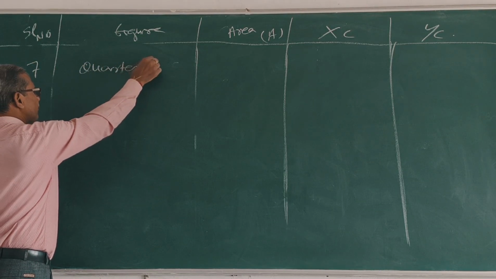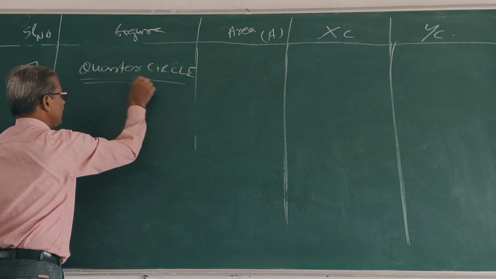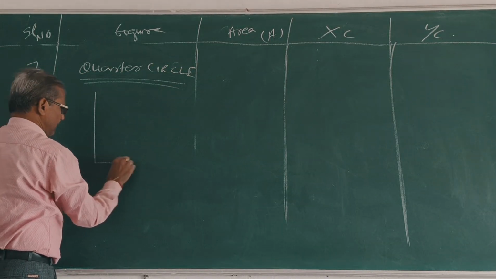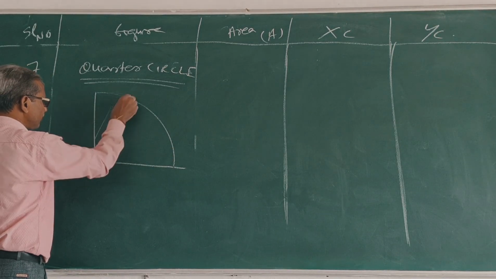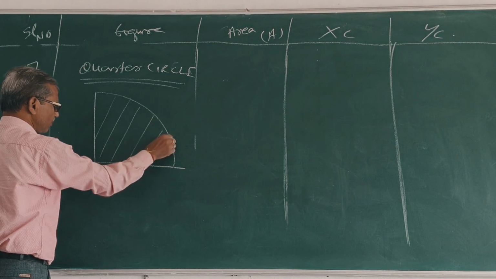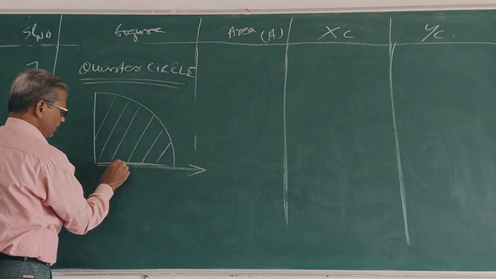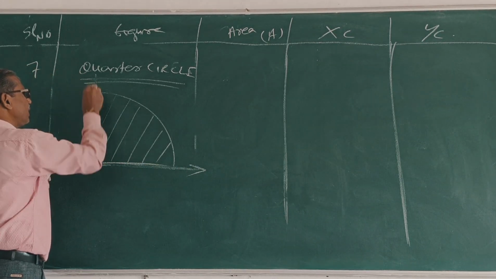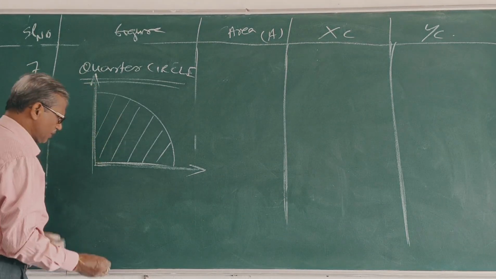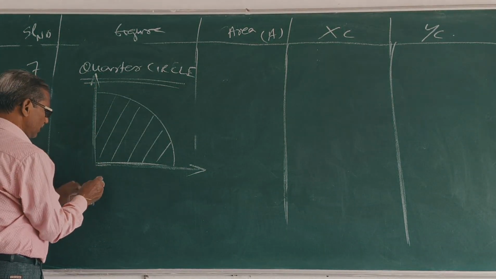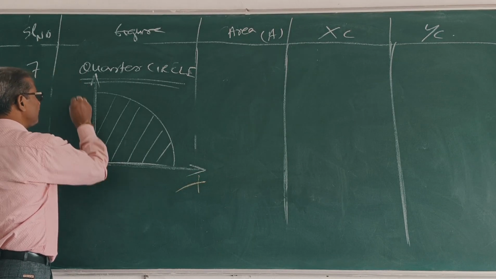Next, quarter circle, number 7. This is a quarter circle. So this is the origin, the x-axis, the y-axis.